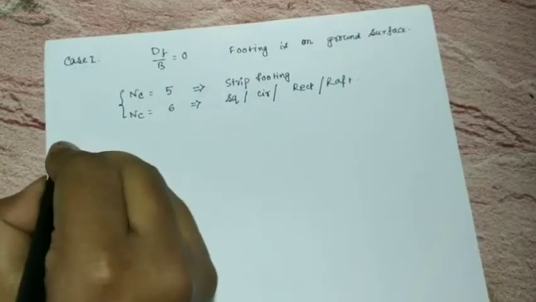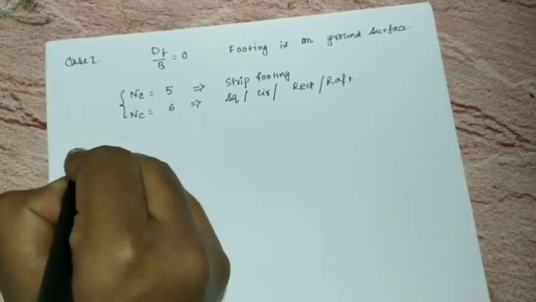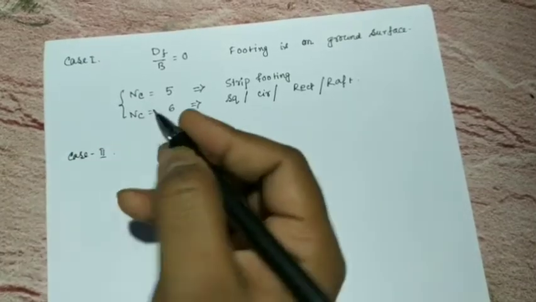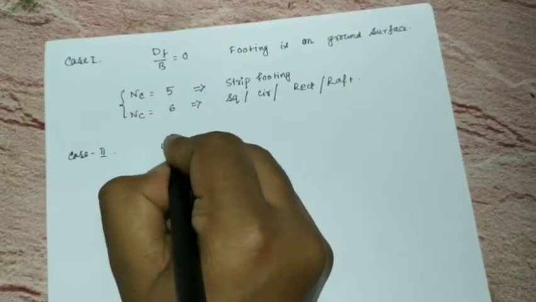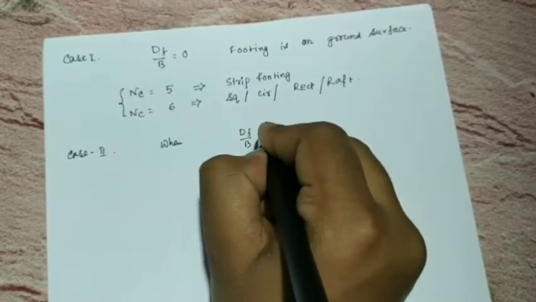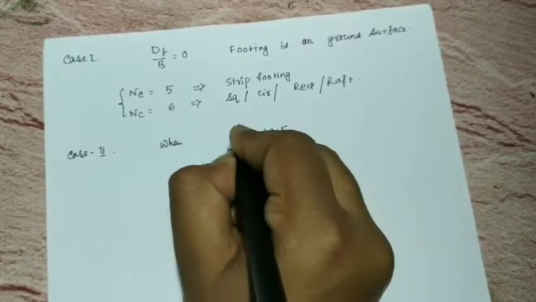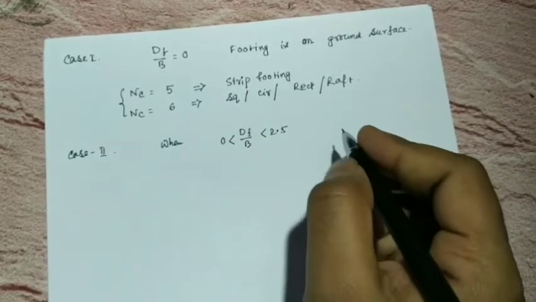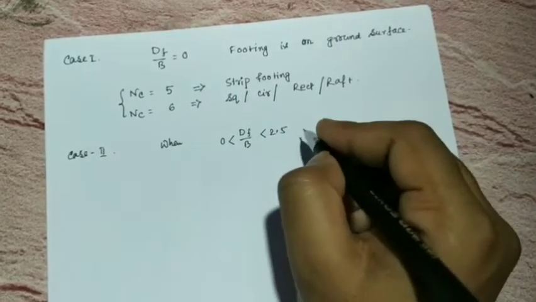Case 2: when D by B is between 0 and 2.5. This is the condition of shallow foundation.